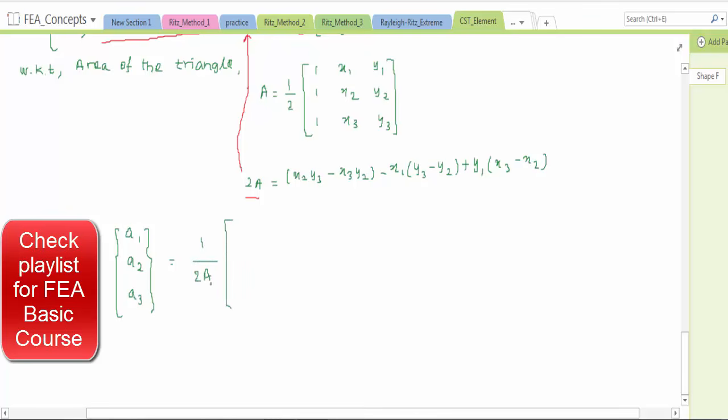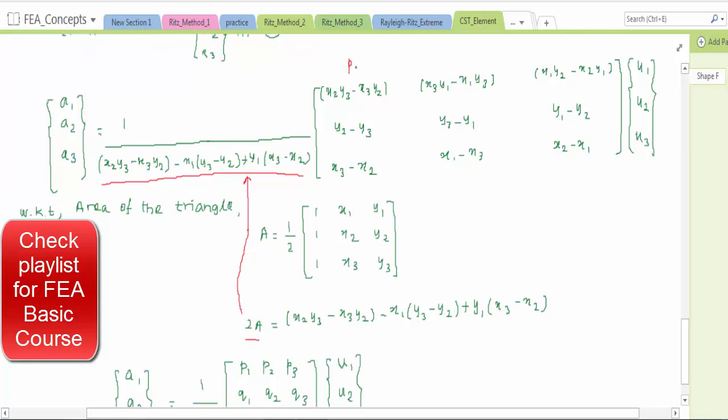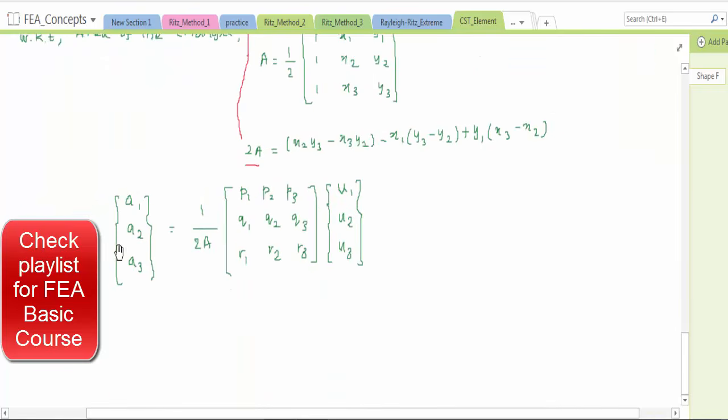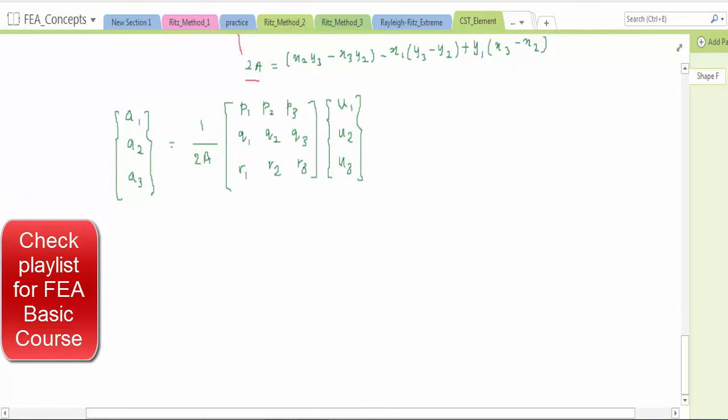So a1, a2, a3 equals 1 by 2A, and this matrix can be replaced with p1, q1, r1, p2, q2, r2, p3, q3, r3, multiplied by u1, u2, u3. I have replaced the whole term with a small notation.